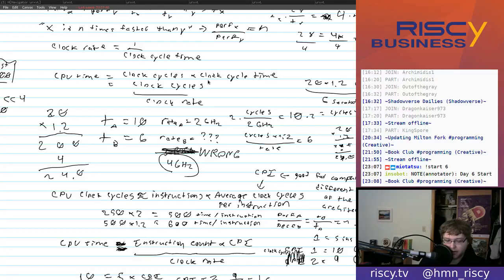I was expecting the actual execution time would be better, because our performance equation doesn't take into account all kinds of things that processors do, like pipelining, multi-threading, and all these fancy things, speculative execution.